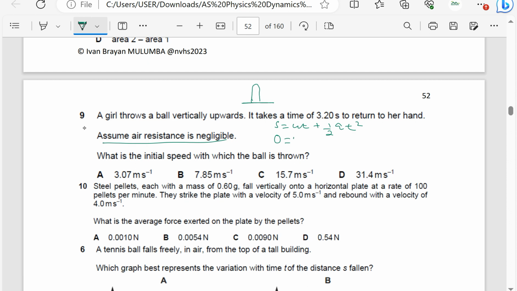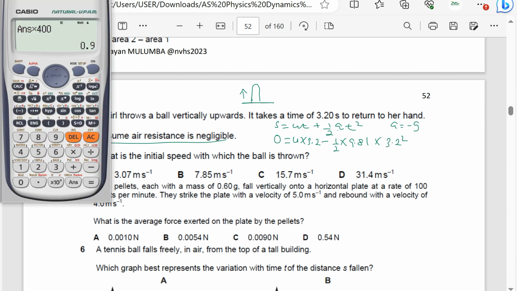Initial velocity, let it be u. It takes a time of 3.2 seconds, so times 3.2. It moves against gravity initially, so acceleration is going to be negative g. So we shall have minus a half times 9.81, then times 3.2 squared.